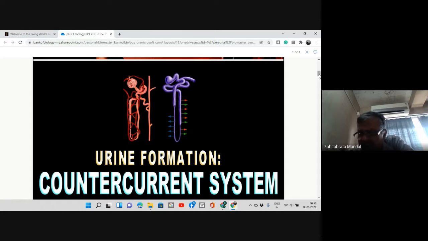At least one harmful substance you remember. And then many useful substances such as glucose, sodium ion, potassium ion, amino acids, hydrogen ion, etc. I'm not telling you a large number of substances. Now this whole glomerular filtrate, that is water plus urea plus glucose plus sodium ion plus potassium ion plus other ions, is equal to A.